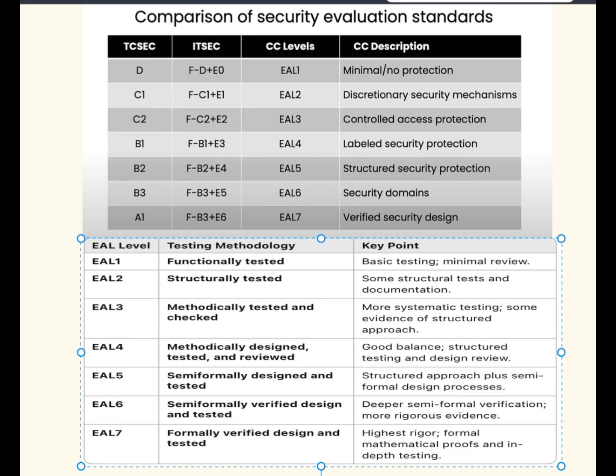Let's clarify it. For instance, the column number one, TCSEC, the original US standard. We also call it the Orange Book, categories D, C1, C2, B1, etc.